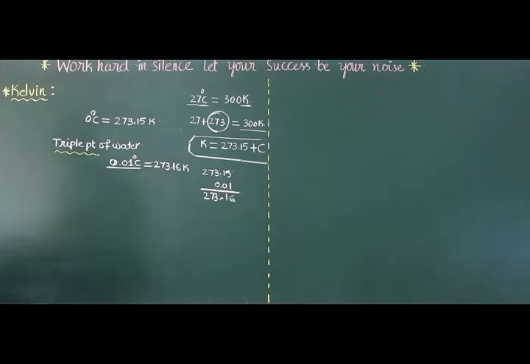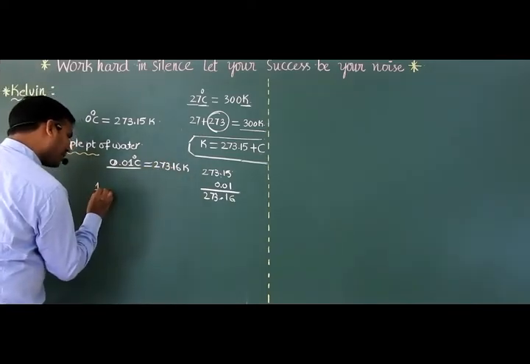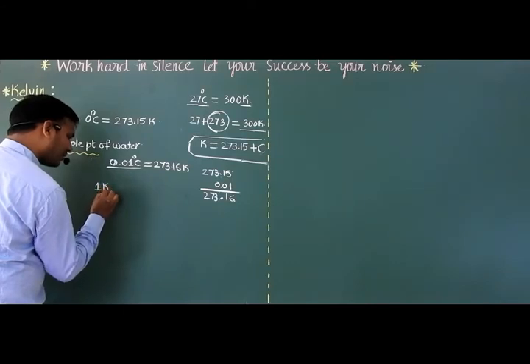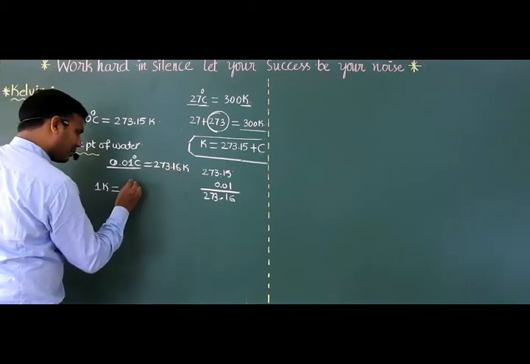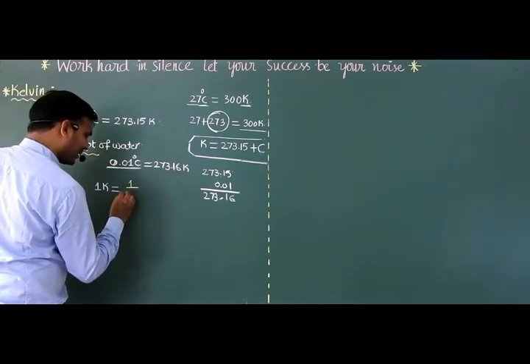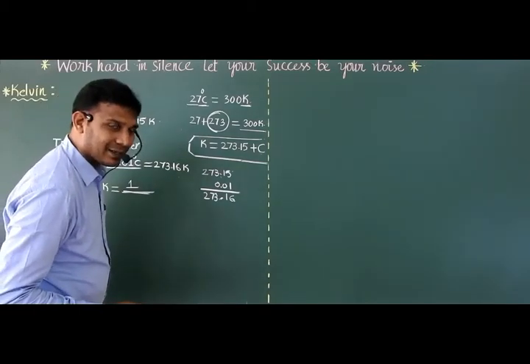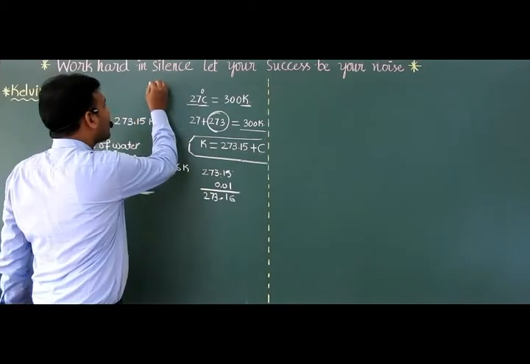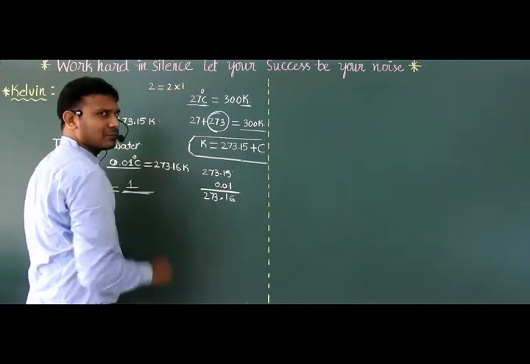Now listen carefully. From this I will write like this. I want to define 1 Kelvin. 1 Kelvin is equal to, I will write like this, 1 upon 2 under 2 into 1.